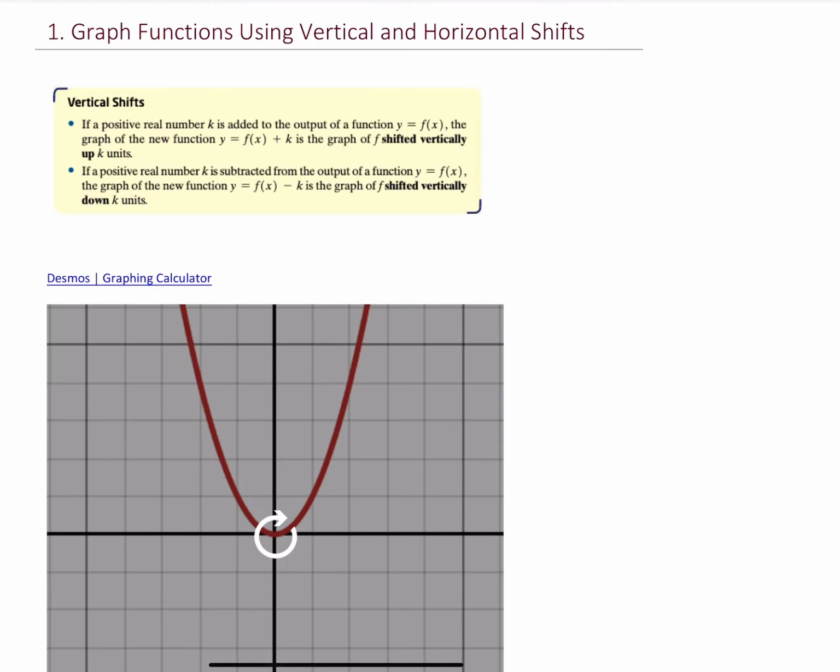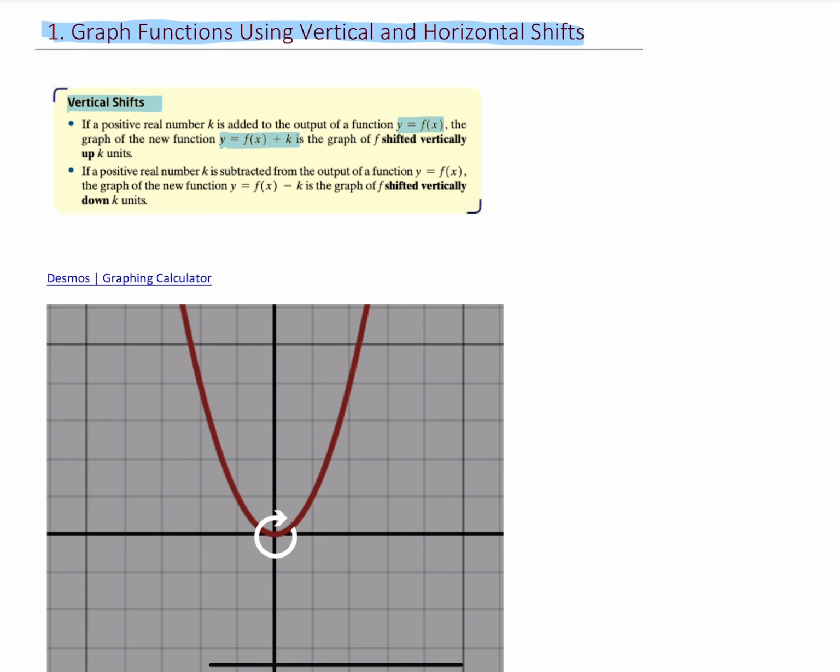So let's get started. The first thing we'll look at is horizontal shifts and vertical shifts. And these are pretty easy to recognize. So for a vertical shift, it says if a positive real number k is added to the output of a function, and they're just speaking generally, some function f of x, then the graph of the new function would look like that function plus some number.